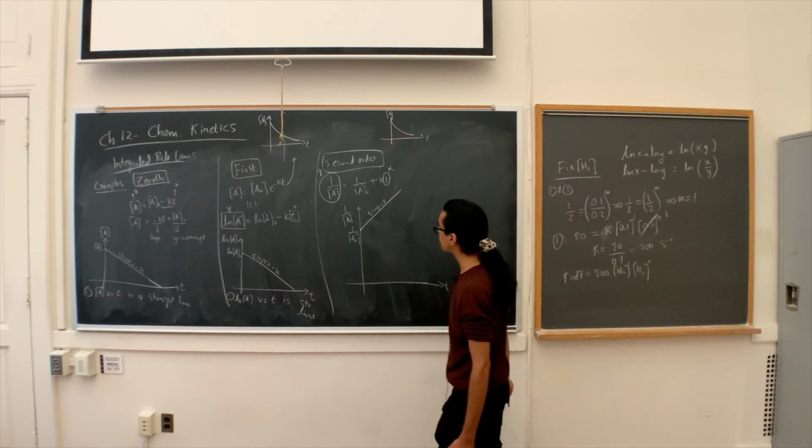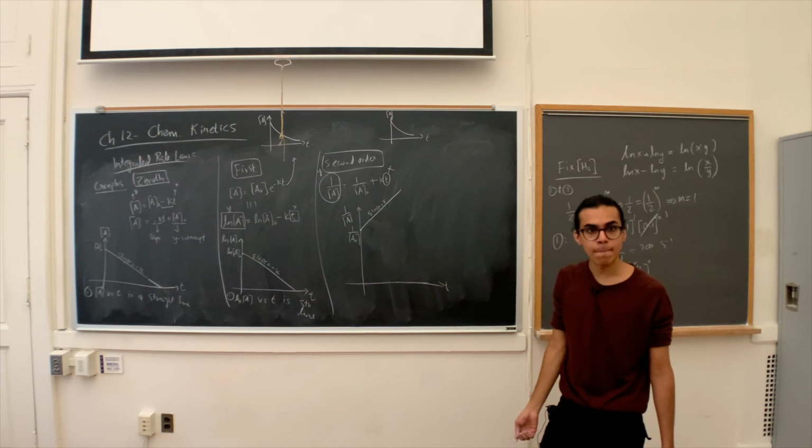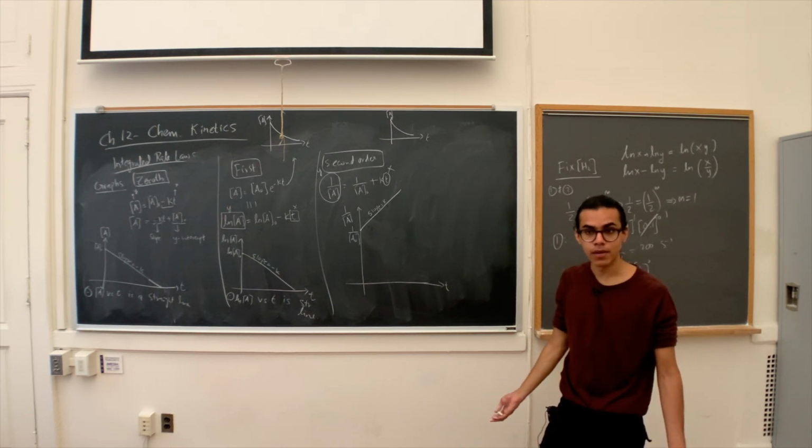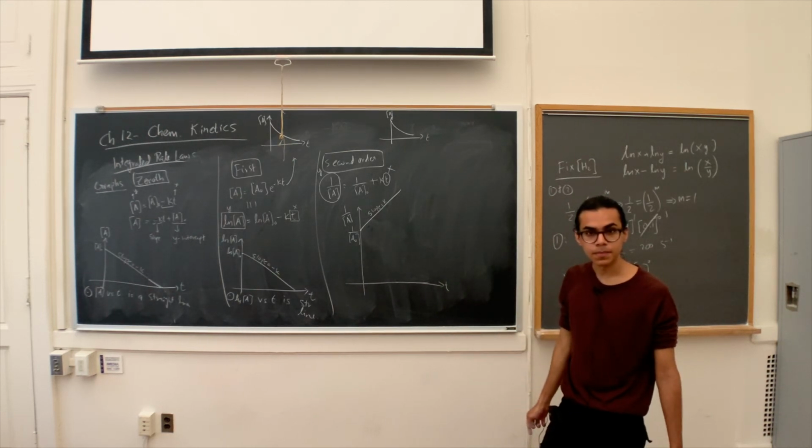Does this mean that the reactant's concentration is increasing over time? Reactant is supposed to get used up, right? Why do we have a graph going up? Any ideas?